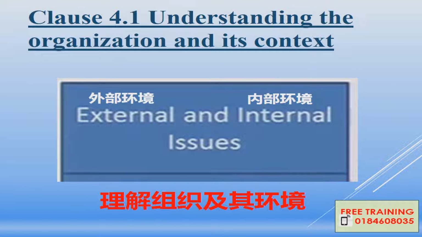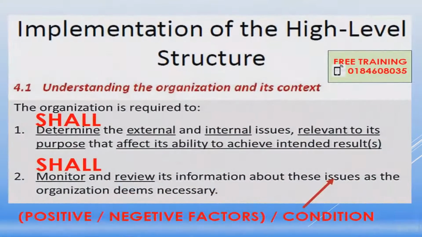Jadi kita fahamkan 4.1, understanding the organization and its context. Jadi konteks ada dua jenis, external 外部环境, internal 内部环境. So you need to understand the issue. Apa isu-isu yang akan berlaku? So for context, the company shall determine the external and internal issue.